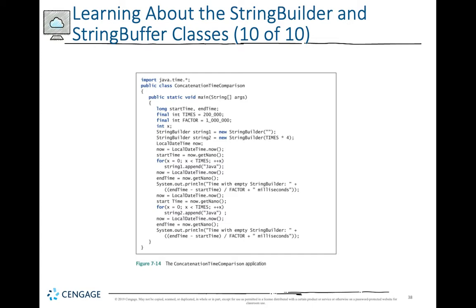All right, so then we go on with the code. We get the local time, which is now, and now is a local date time. Then we say now get nano, and we apply that to the end time. So we're capturing the start and the stop times of this processing.